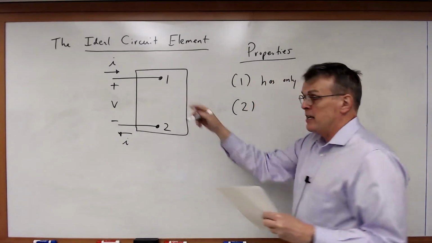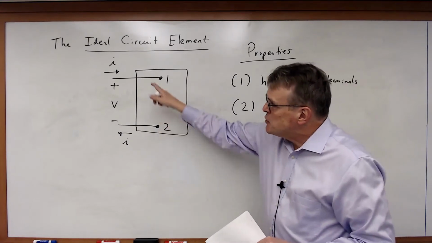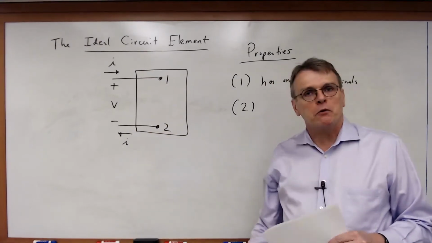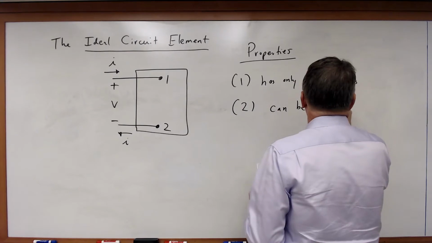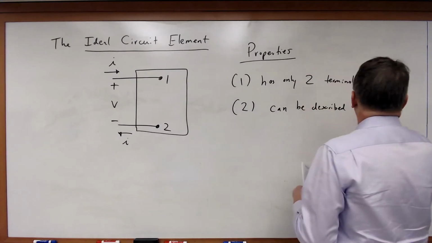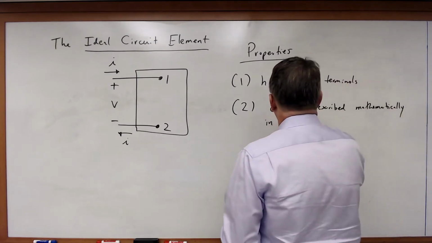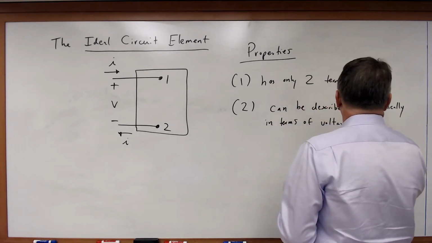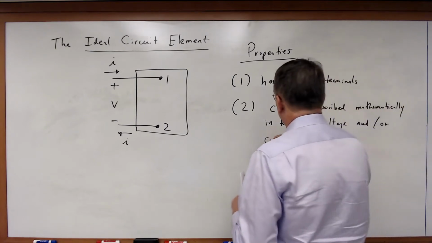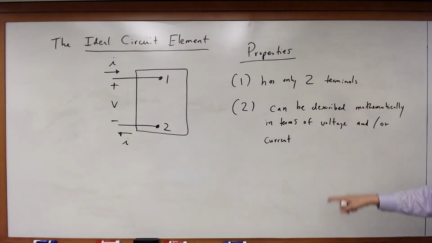In addition, and most importantly, the properties of the ideal circuit element can be described mathematically in terms of the voltage and current. So there is some way of describing how that element is going to behave in terms of voltage and/or current.